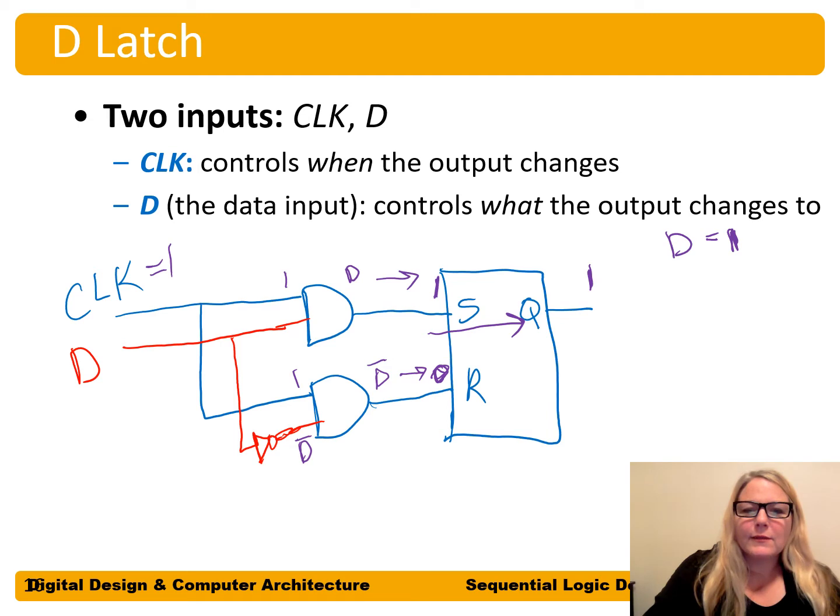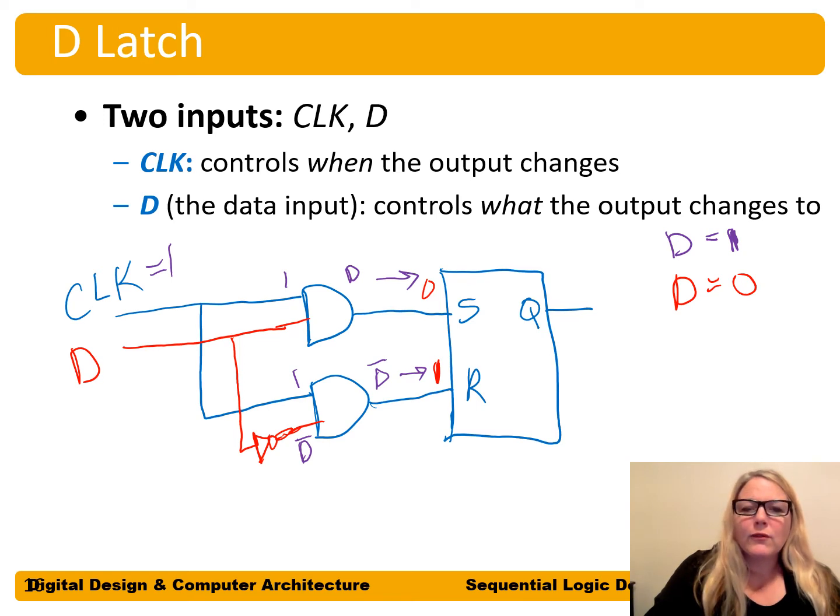Let's do the other case to make sure. When D is equal to 0, here's our other case. Well, S gets 0, the S input of the SR latch, and the R input gets D bar, which is 1.